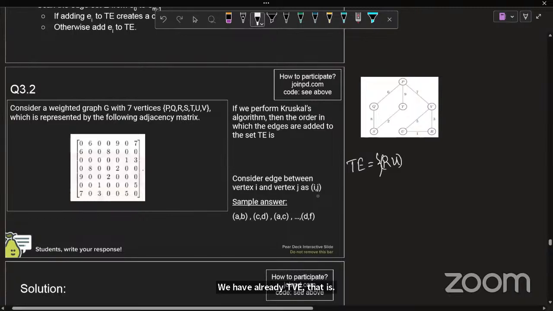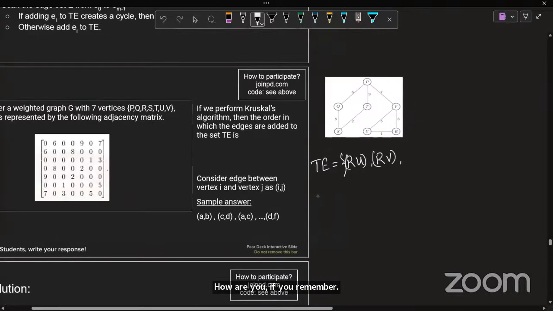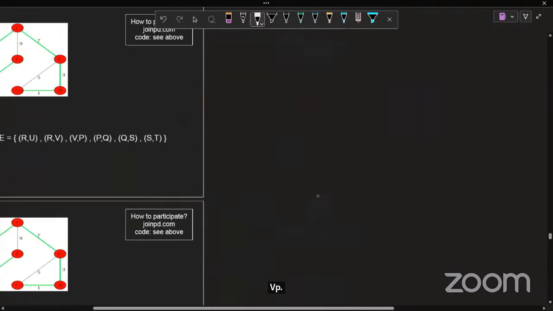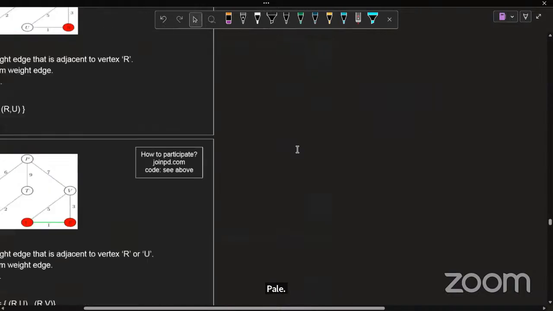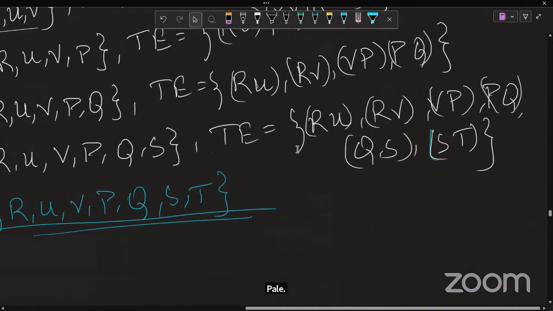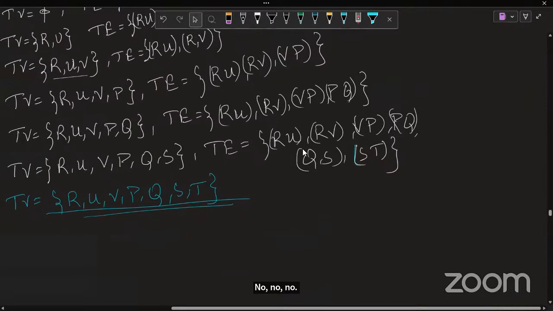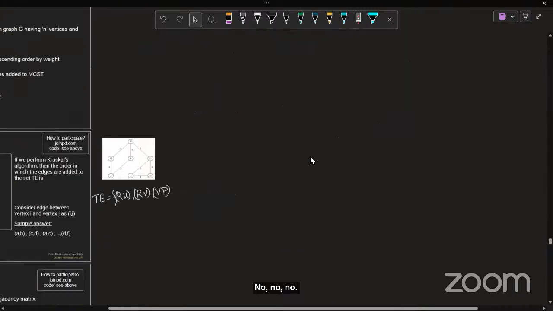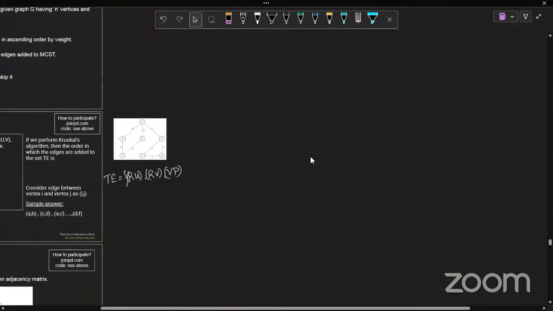RU, RV, VP, PQ, QS, and ST. So arrange these edges and tell me the weight of each edge.